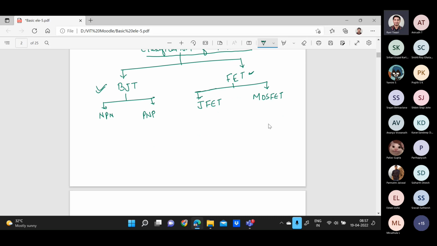Field effect transistor. It is a voltage controlled device. That is the first thing, whereas BJT was the current controlled device.